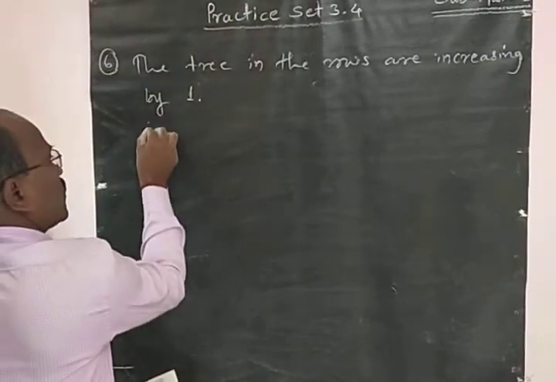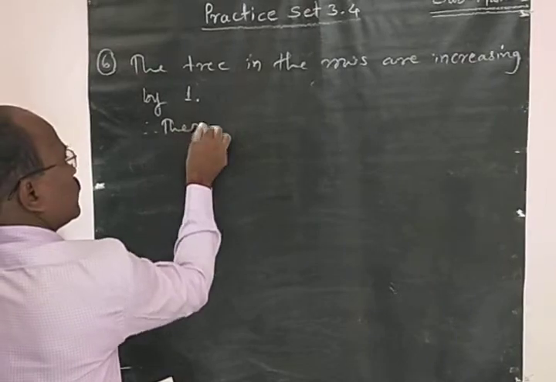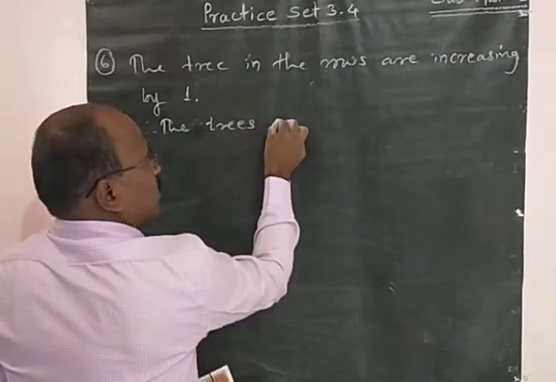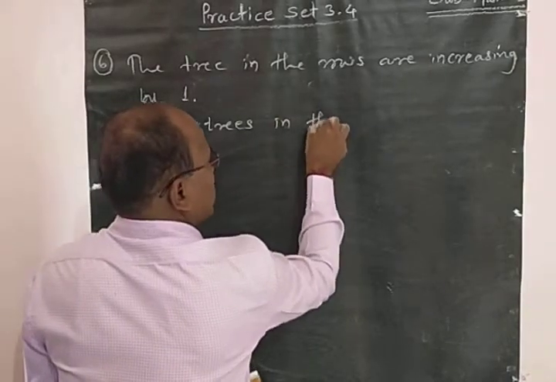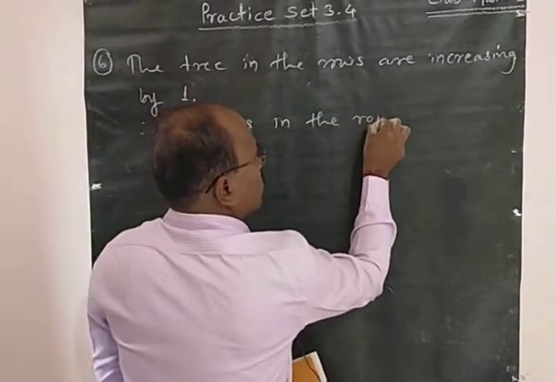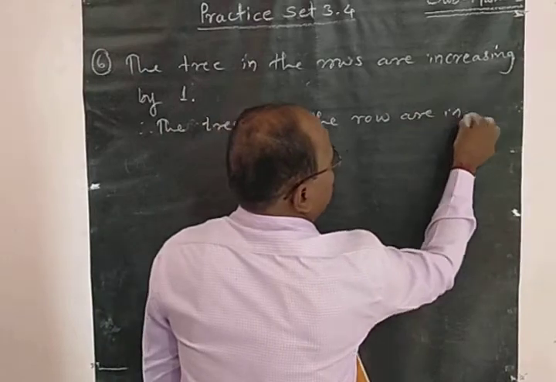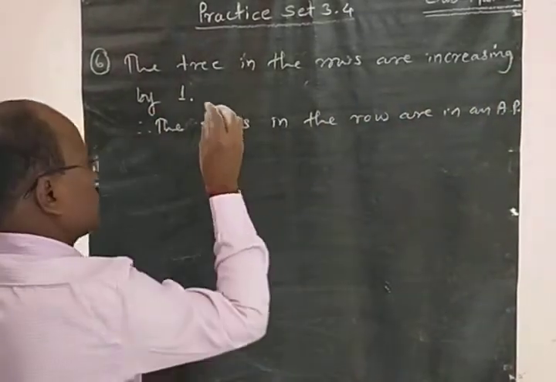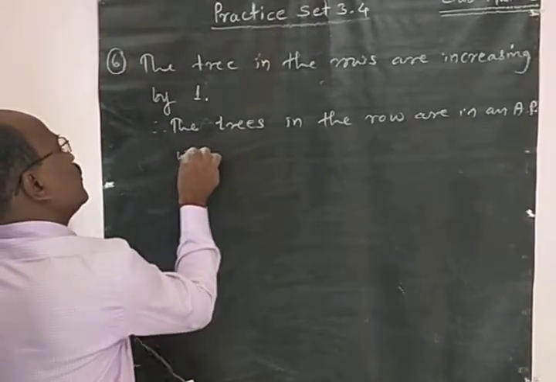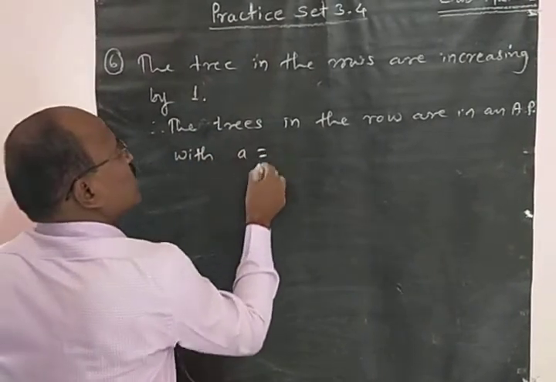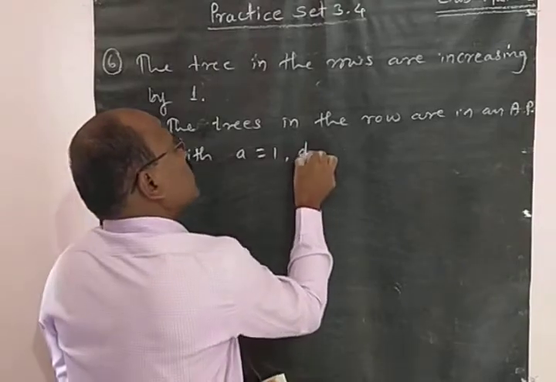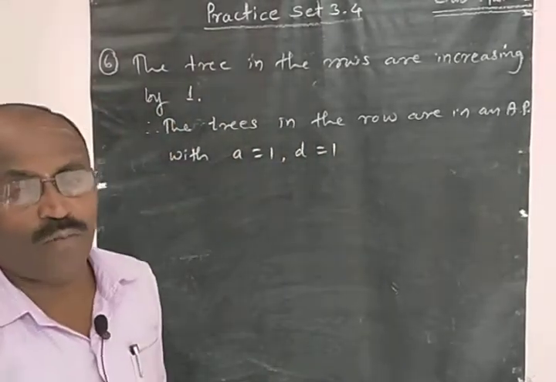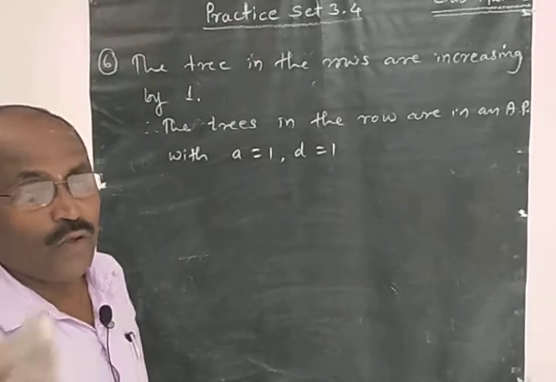Therefore, the trees in the rows are in an AP with first term A equal to 1 and the common difference D equal to 1. Here we have to find the total number of trees in the 25 rows.